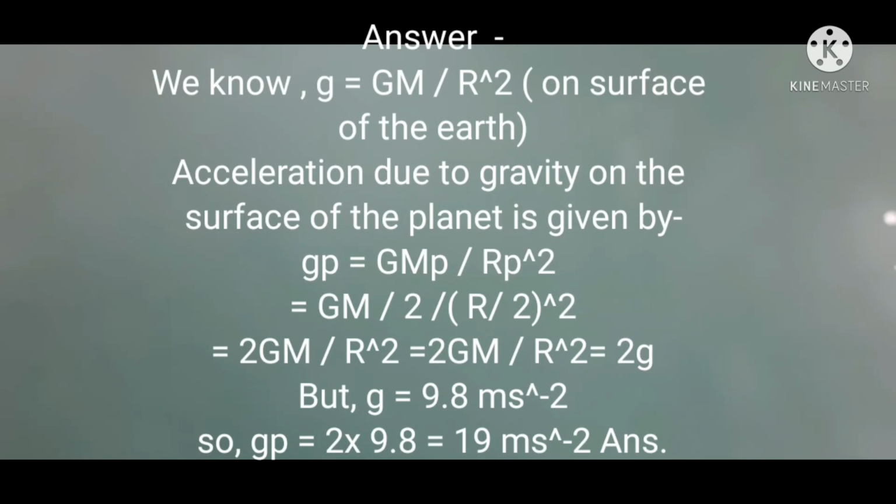Therefore, gp is equal to 2 into 9.8 is equal to 19.6 meter per second square. ये होगा acceleration due to gravity at planet.